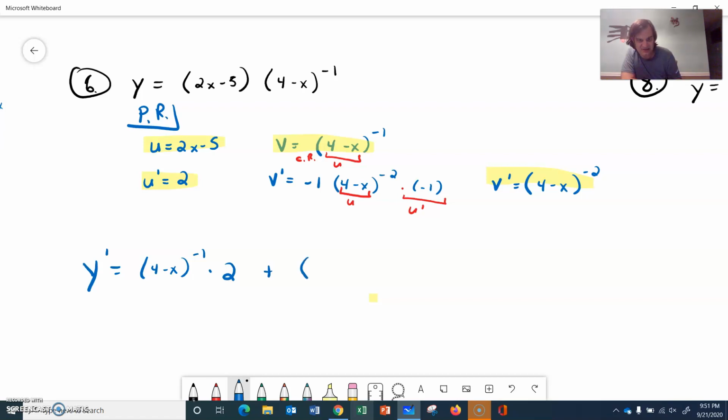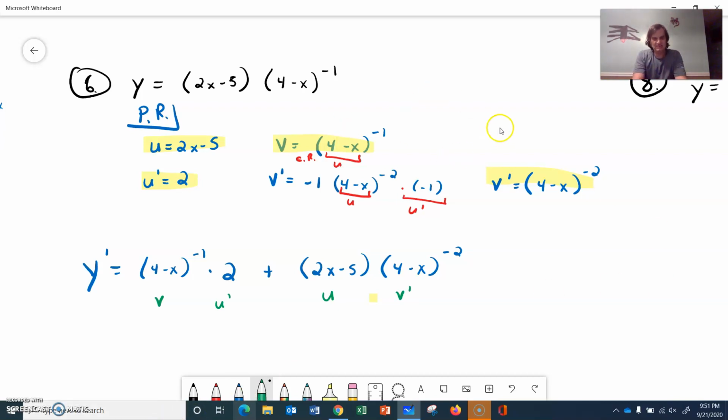Then it'll be plus u, 2x minus 5, times v prime, which was 4 minus x to the negative 2. So I'll go back and label all that: v, u prime, u, v prime, just for later reference. So we finished our product rule, and now we're moving on.